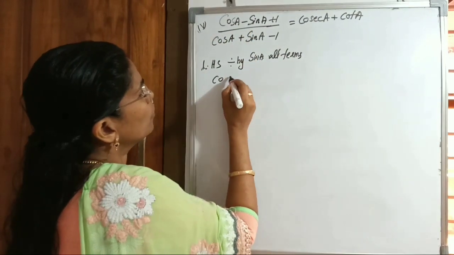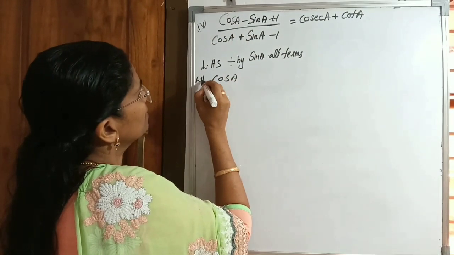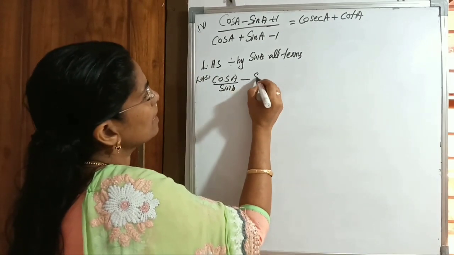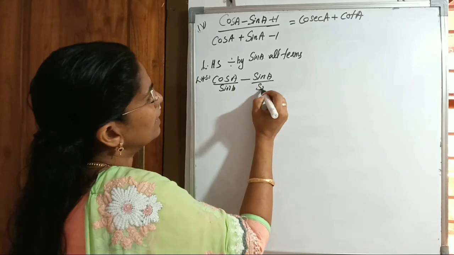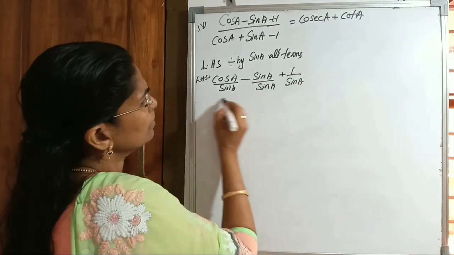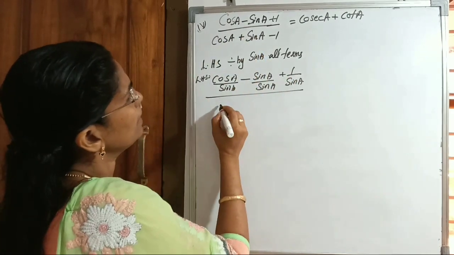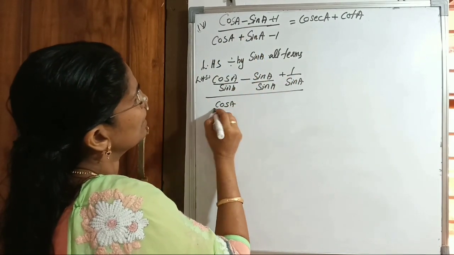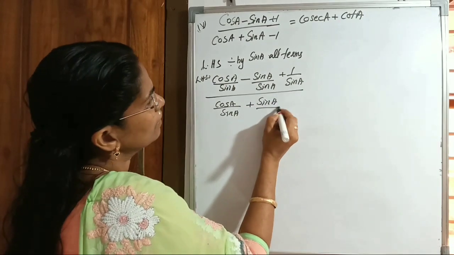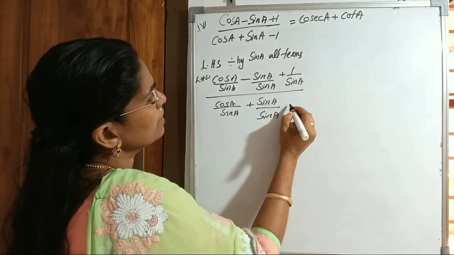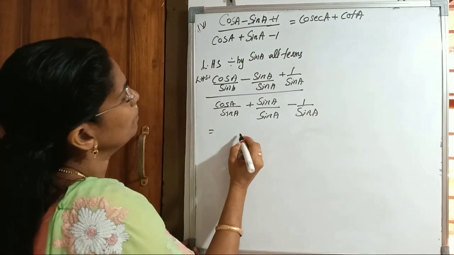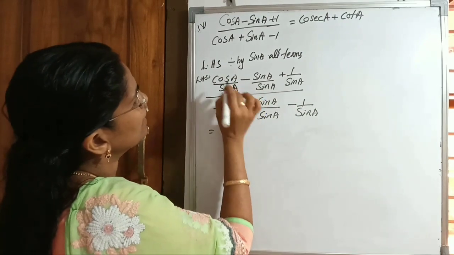So it becomes, let us write, cos A by sin A minus sin A by sin A plus 1 by sin A. We are dividing all the terms by sin A. So it again becomes cos A by sin A plus sin A by sin A minus 1 by sin A. Again this becomes cos A by sin A. What is cos A by sin A?